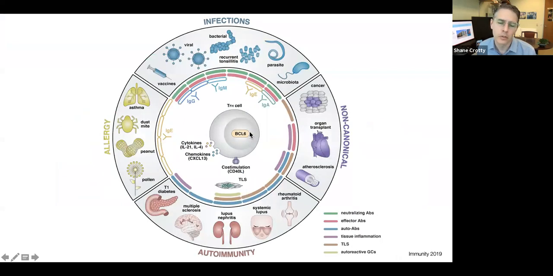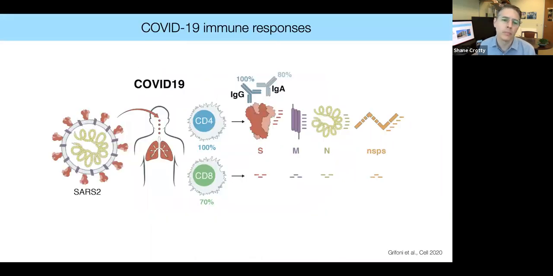And so what I'm going to talk to you about today are the things that we've been doing to try and understand how Bcl-6 functions so that we can better understand when things go wrong or aberrant, why is that occurring, and how does Bcl-6 have roles or not in those things.